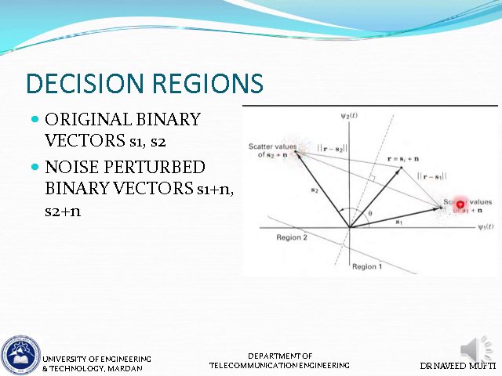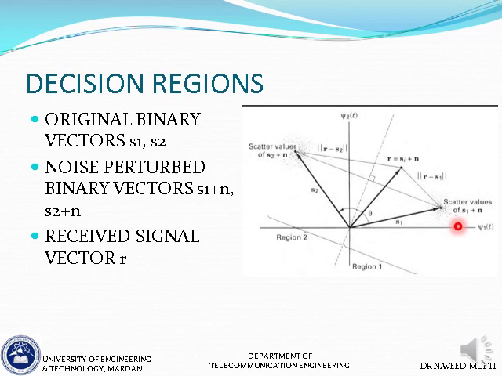So these are the scatter values of S2 plus n, and these are the scatter values of S1 plus n, where n represents our noise vector, and that is a zero mean random vector. So because of the noise, we will have a received signal vector R that will also become a random vector with the mean of either S1 or S2.